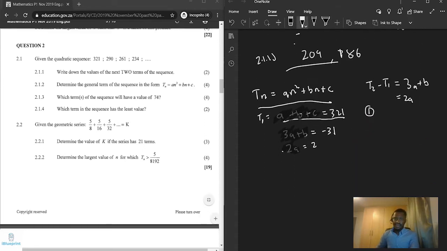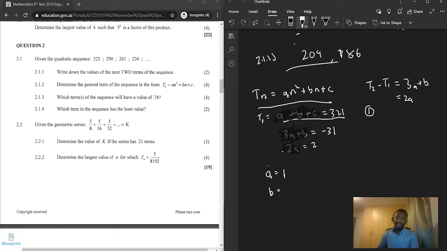So we have that a is equal to 1, because we just divide by 2 here. And then b is going to be equal to negative 31 minus 3 times 1, which is negative 34. And then c is going to be 321 plus 34 minus 1.